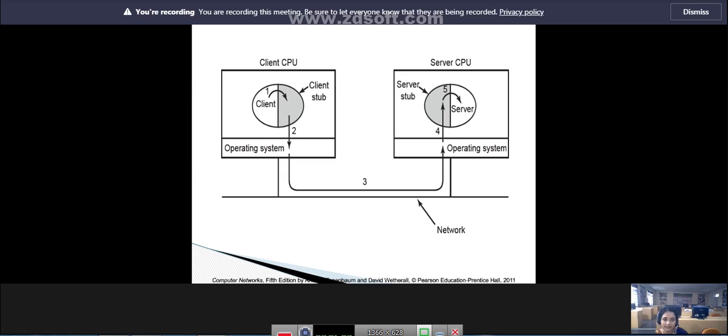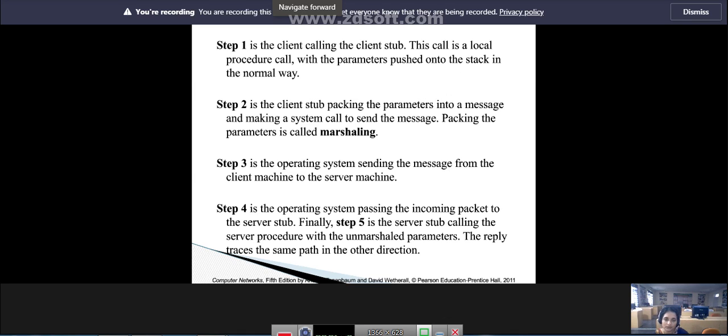It will be received at the server side, and through the operating system it goes to the server stub, and then to the server CPU, where the operation occurs in reverse, like on the client CPU. So, this is the diagram of the remote procedure call.